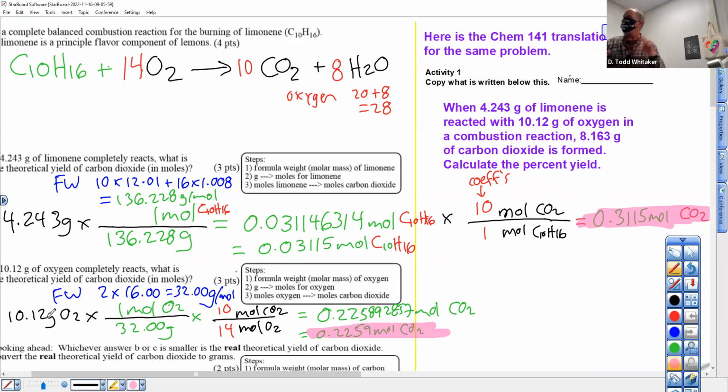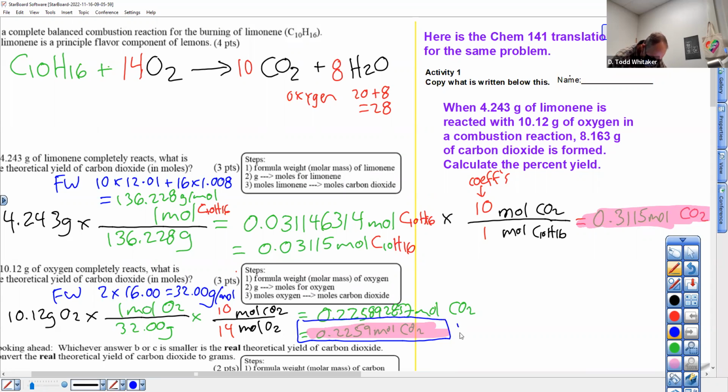So when you're figuring out theoretical yield of CO2, you got to use both reactants, figure out how much CO2 each one makes, pick the lower number. So which one of those is the lower number? That.